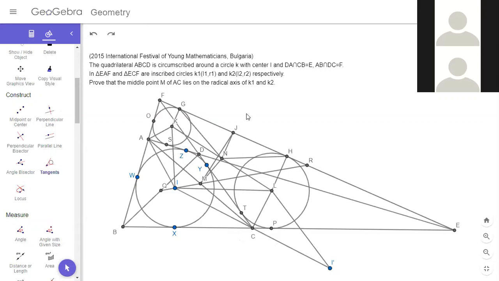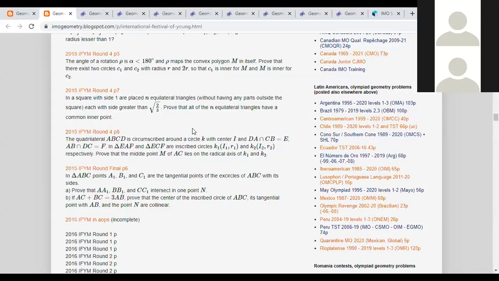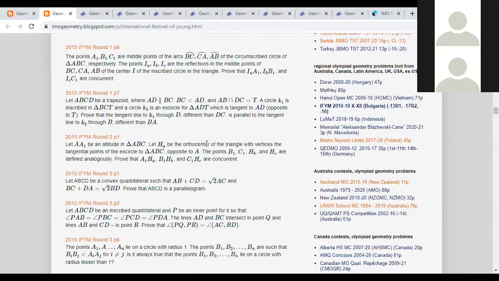All right, you guys want to move on to the next problem? Yes, please. All right. Let's see. Okay, so that was from this competition.